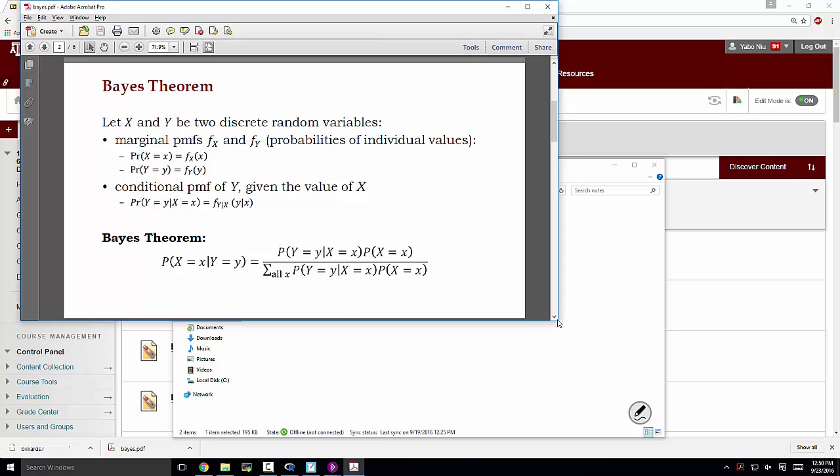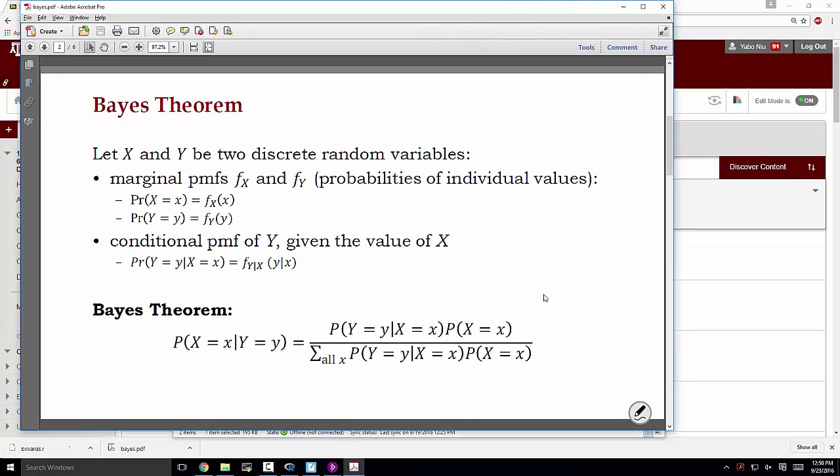Consider two random variables, x and y. For right now, we're calling them discrete, but they could be continuous. Any random variable has a probability distribution function.